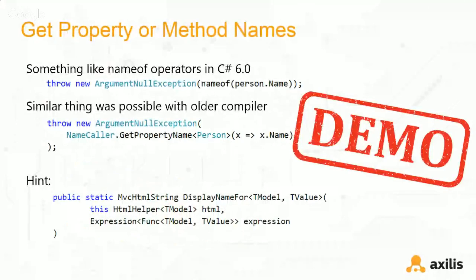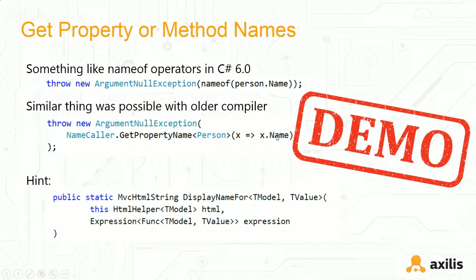And this is when you don't have C# 6 for some reason. You can still get property names using a type-safe version. For example, you can call NameOf.GetPropertyName from person name, and this would return the string name.